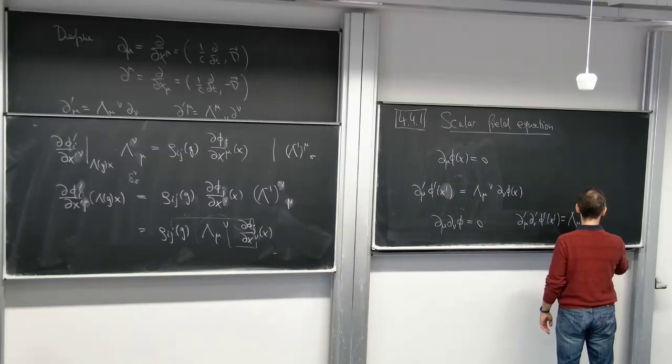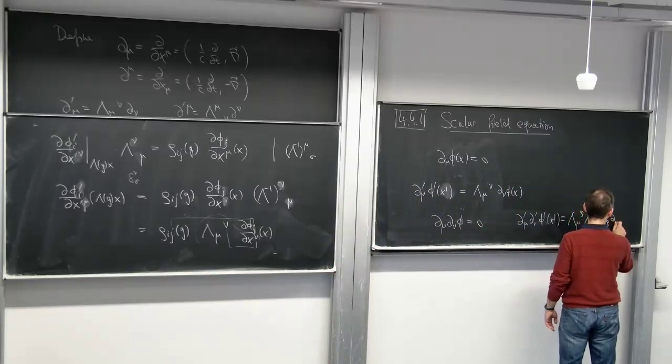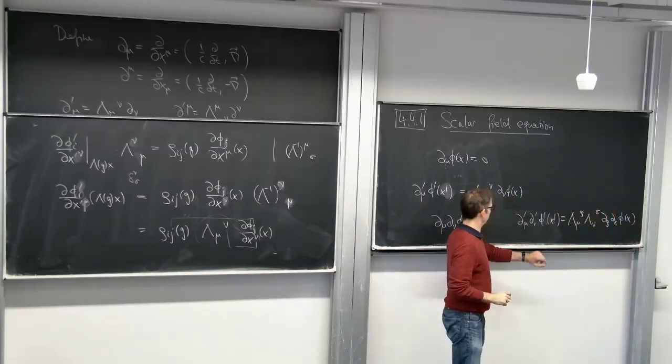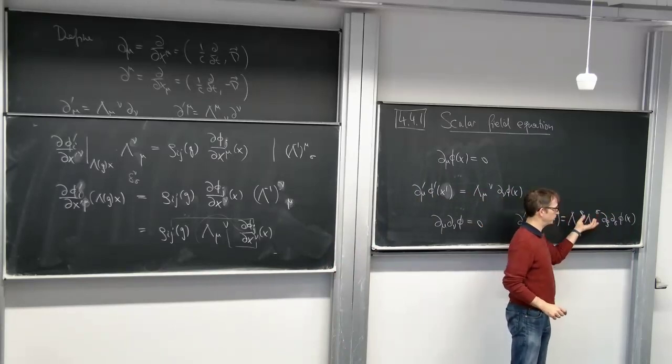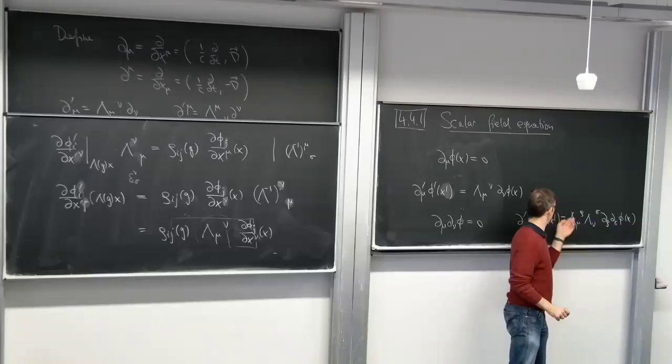Lambda nu sigma comes after, and so it's d rho d sigma phi x. So if this is 0, then, well, the other way around, because they're non-degenerate, they can go back and forth. So if this is 0, then that's 0, so fine.